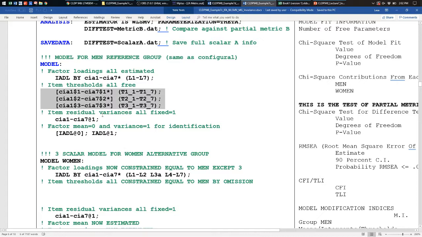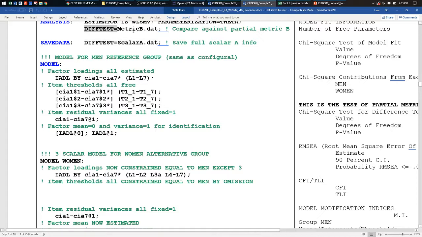And because of this ambiguity in whether or not you would need to test loadings and thresholds separately, I went ahead and threw item 3 back in the mix. I'm going to see if I can constrain its thresholds anyway. So I am now saving scalar A from this model.